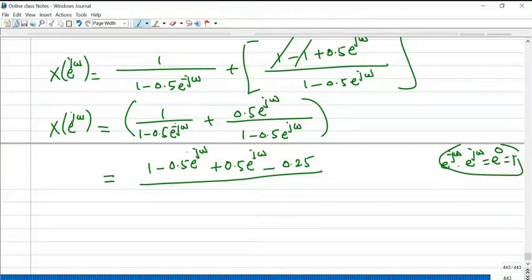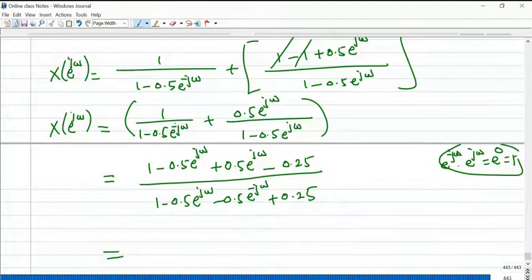Multiply in the denominator also: 1 dot 1, minus 0.5 e power j omega, minus 0.5 e power minus j omega, and minus into minus plus 0.25, where e power minus j omega and e power j omega cancel, 0.5 times 0.5 is 0.25.